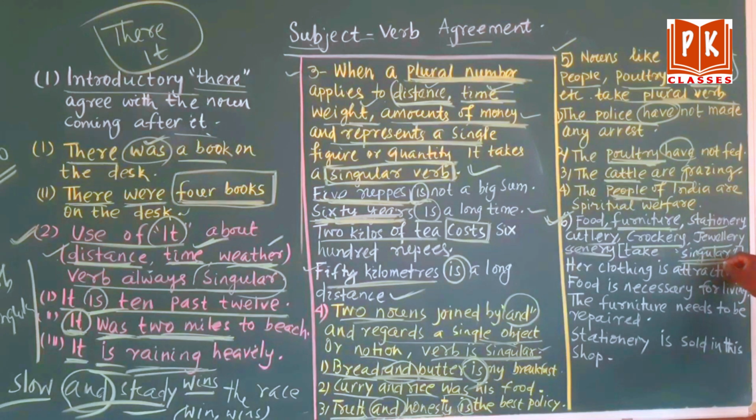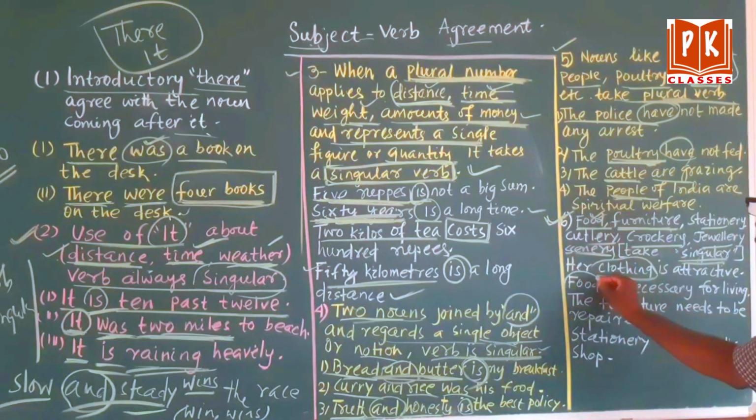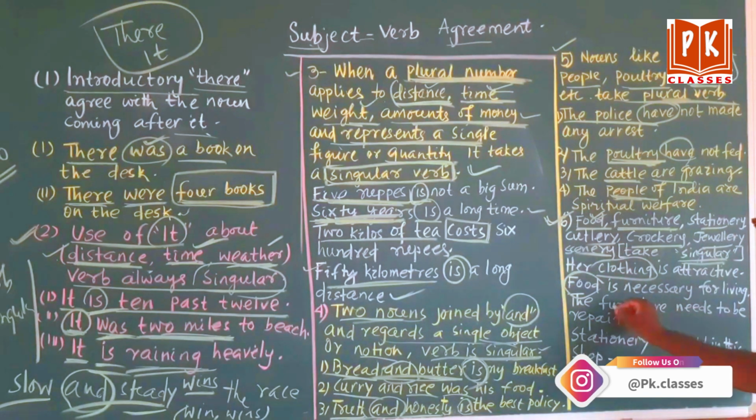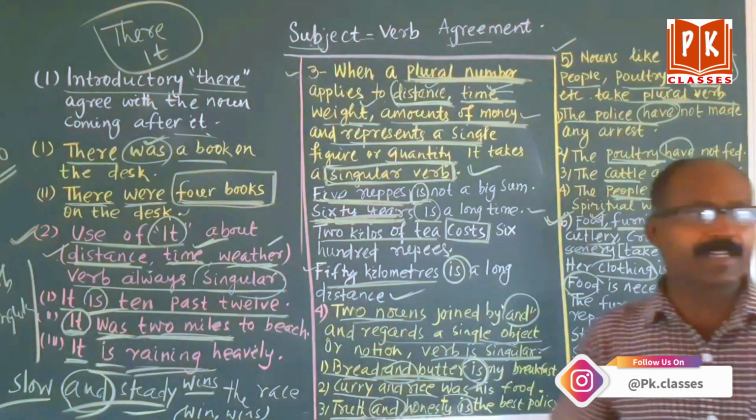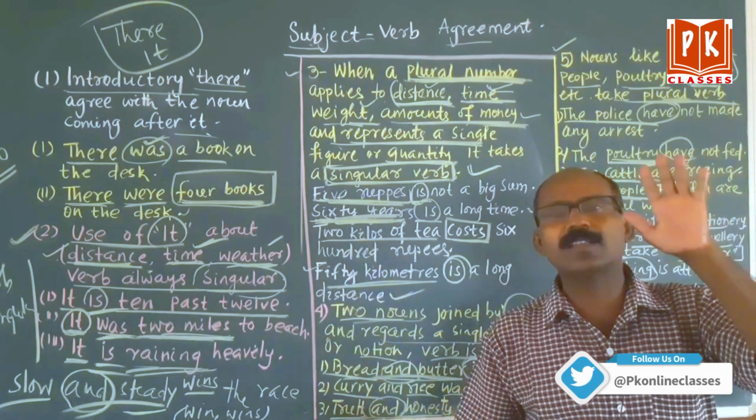Have you understood? Her clothing is attractive. Clothing, singular. Food is necessary for living. Food is necessary, singular. The furniture needs to be repaired. It may be 1 or it may be 10. But furniture always takes singular.